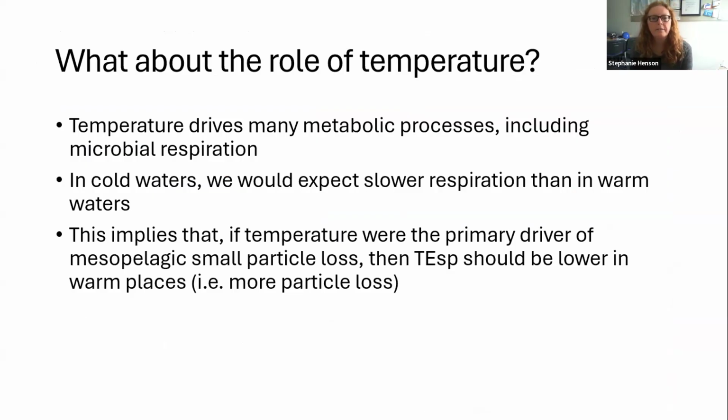So that implies that if temperature were the primary driver of mesopelagic small particle loss, then TESP should be lower in warm places. In other words, more particle loss. So we should have a negative correlation basically between the temperature and TESP.